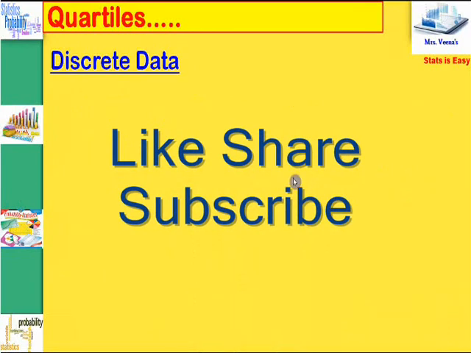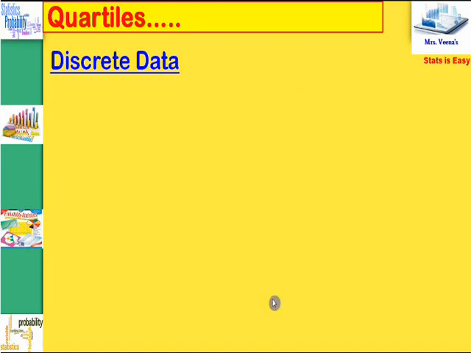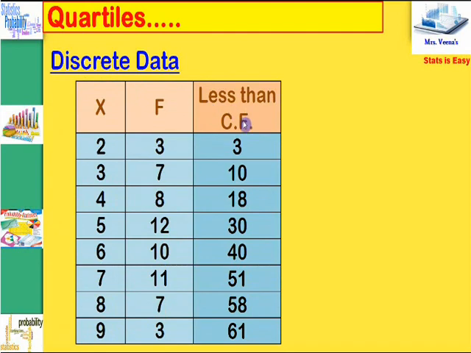Quartiles for discrete data. Here is a discrete frequency distribution, the variable and its frequencies. Now to find quartiles we need less than cumulative frequencies.